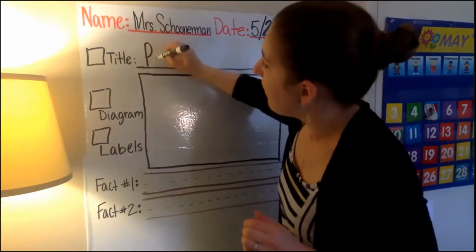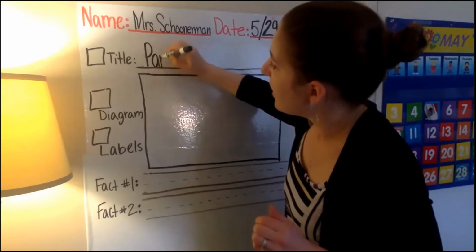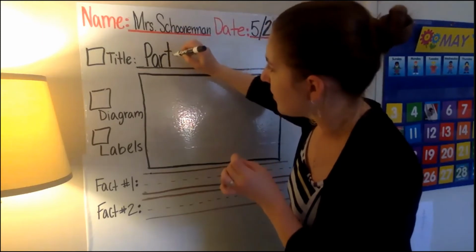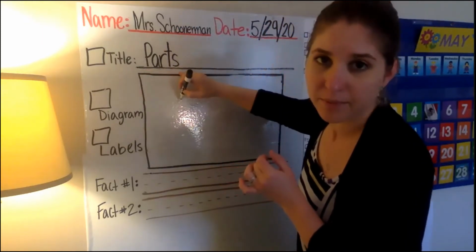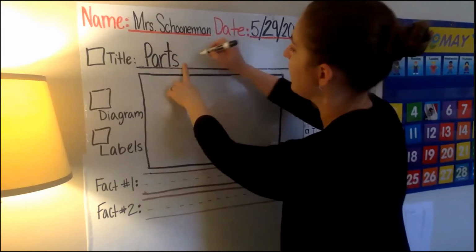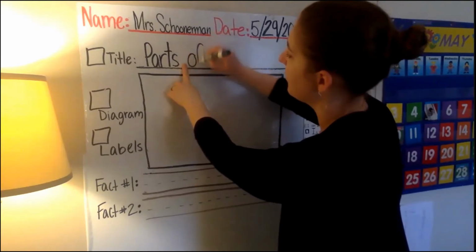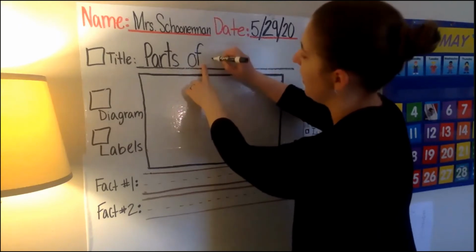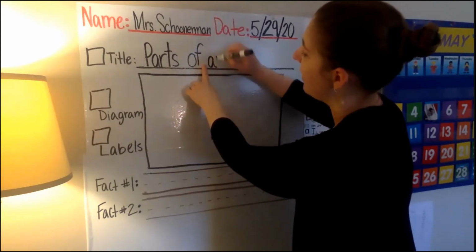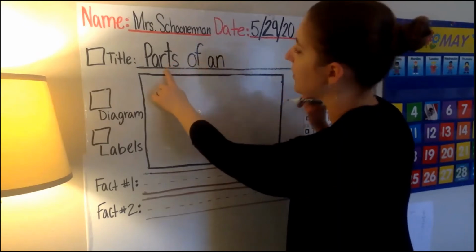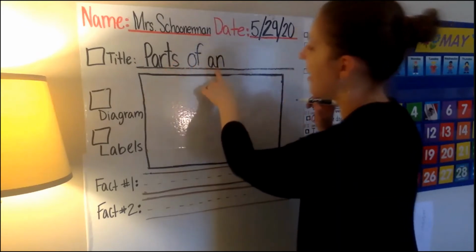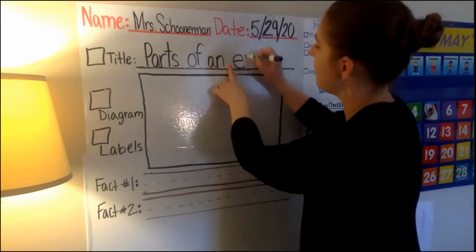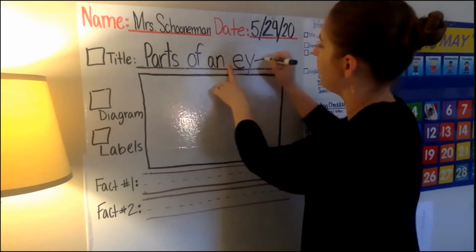Parts. P-A-R, parts. Parts of, leave a finger space, of, and the way to spell eye is E-Y-E.